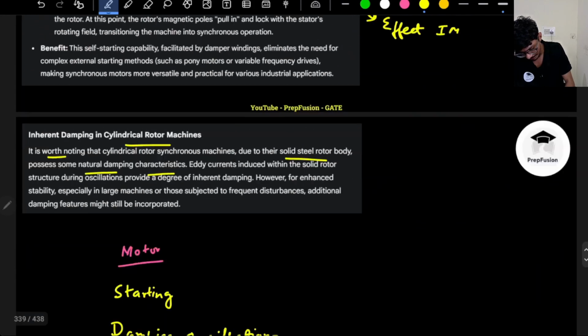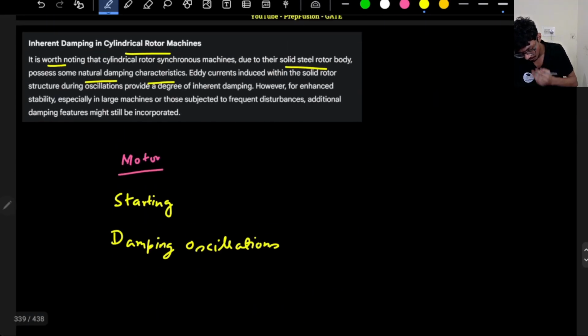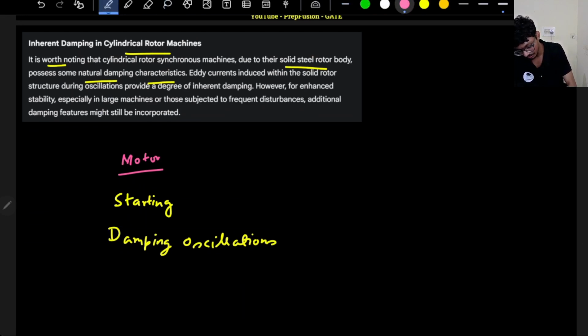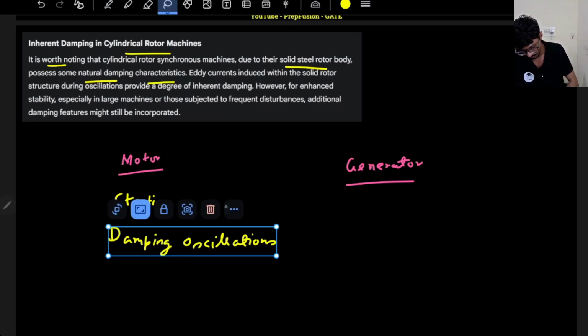For a generator, do I need it for starting? For a generator, the damper winding is only required for damping the oscillations.